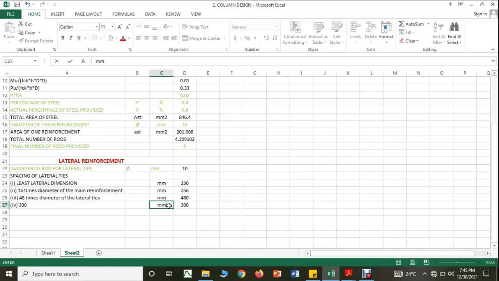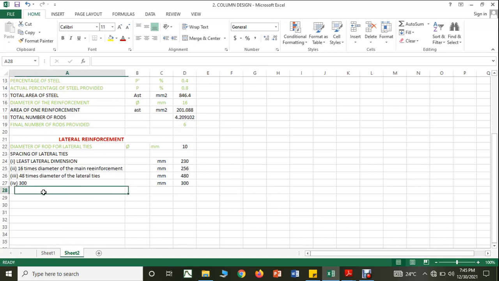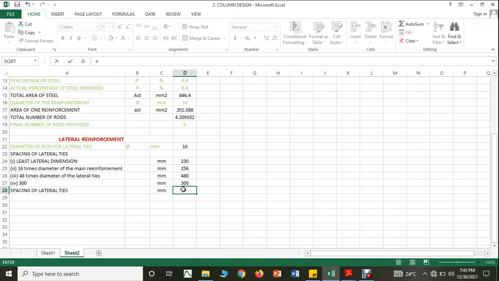Out of these, you are supposed to choose the least dimension of these 4. Therefore the spacing of lateral ties, in mm, you can give as the minimum of this, this, this and this.